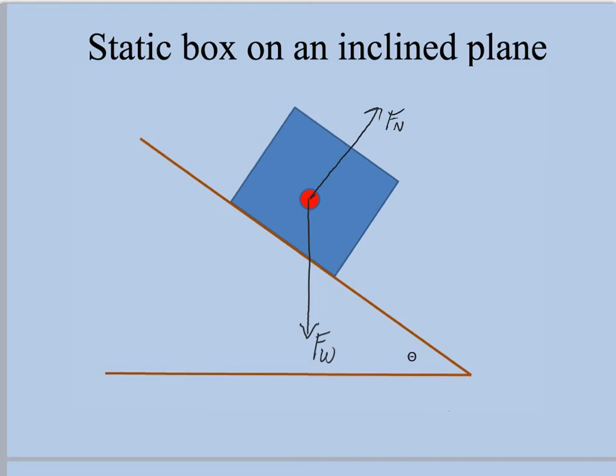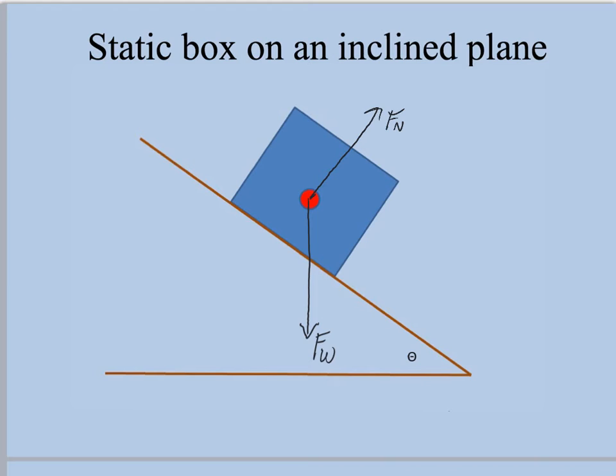The intended motion of this object, if this box started to slide, which way would it slide? Well, it would slide down the incline. It's not doing that, but if it started to move, it would move down the incline. We wouldn't expect it to just magically start moving up.